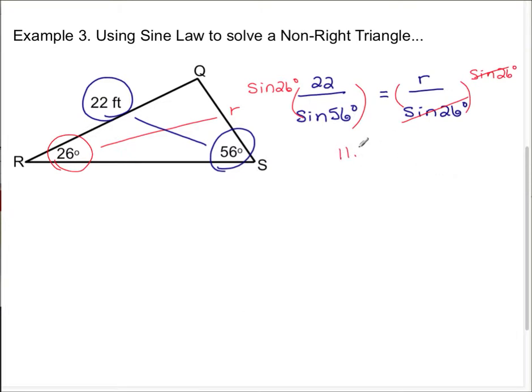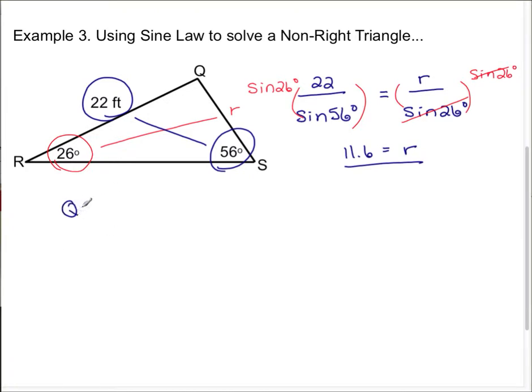11.6 equals r. So now I've got two angles. I can find the third angle no problem, right?